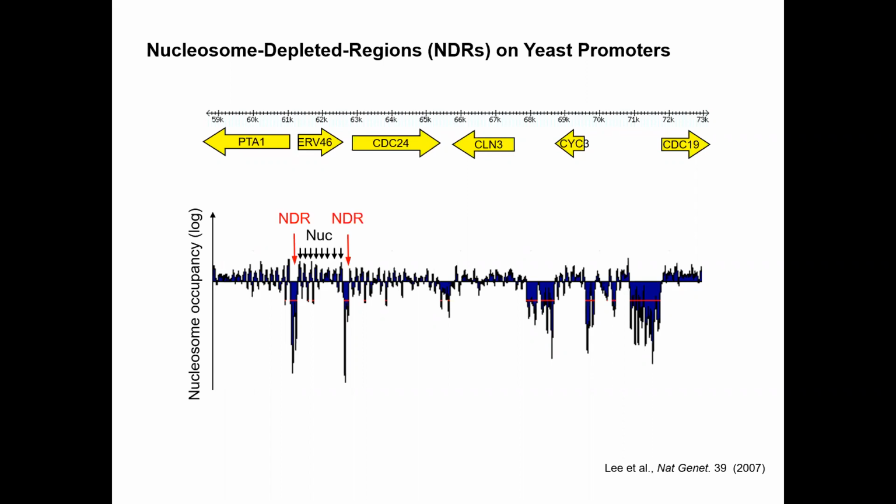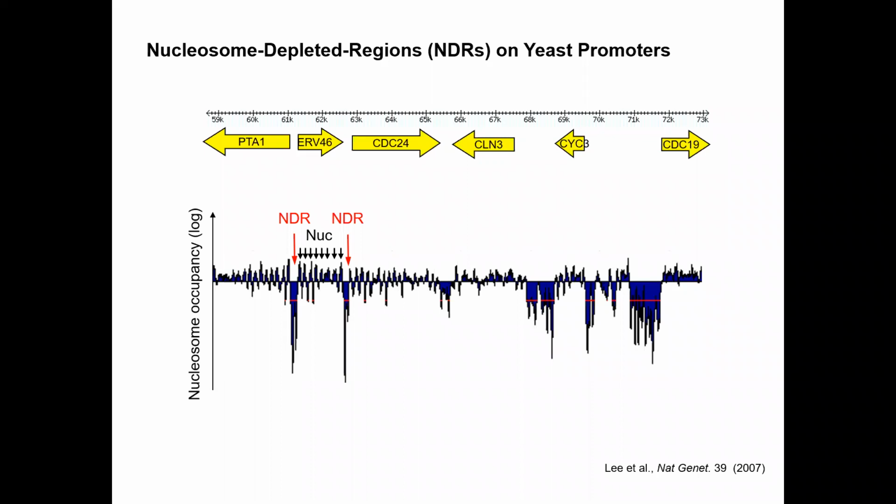Each of these little bumps represents a nucleosome, and this range represents a well-positioned nucleosome array. But you can see they are interrupted by these downward spikes, representing regions that have very low nucleosome occupancy. We call these NDRs, nucleosome-depleted regions.